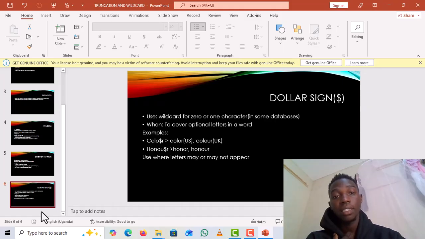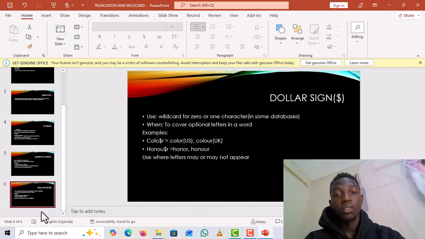A dollar sign is one of the other wildcards used. Use a zero wildcard for zero or one character in some databases, to cover optional letters in a word. For example, color. In USA, when they are writing color, there is no need to put U, but in UK it is needed.